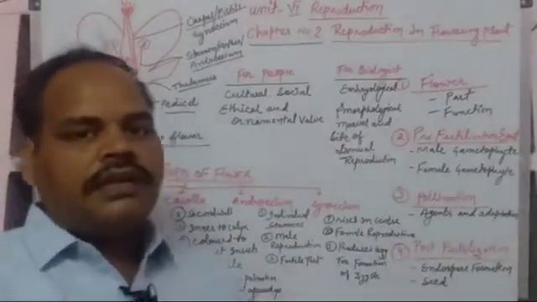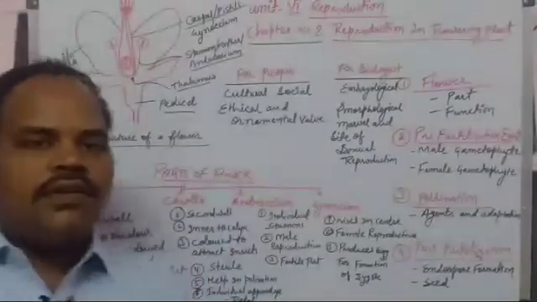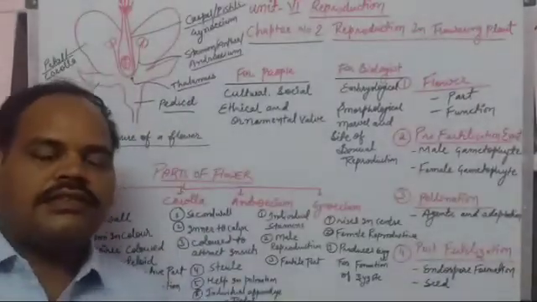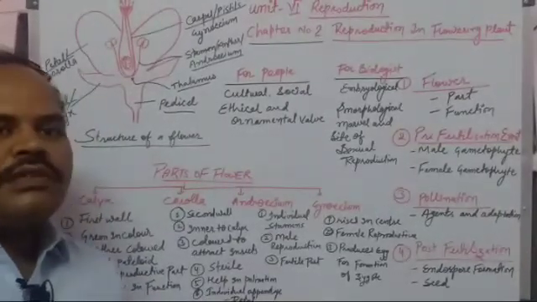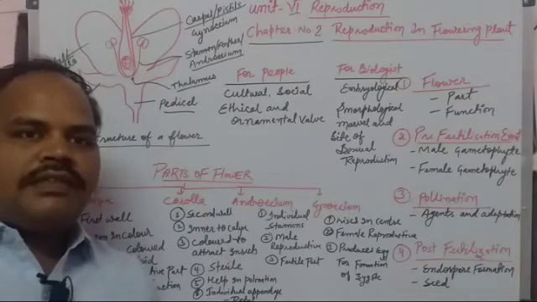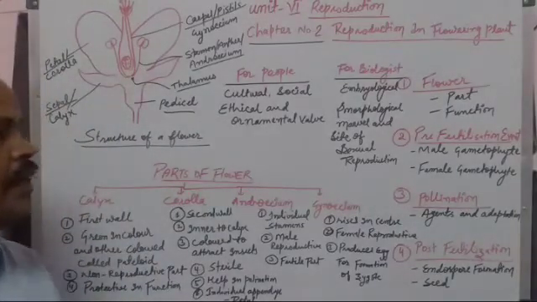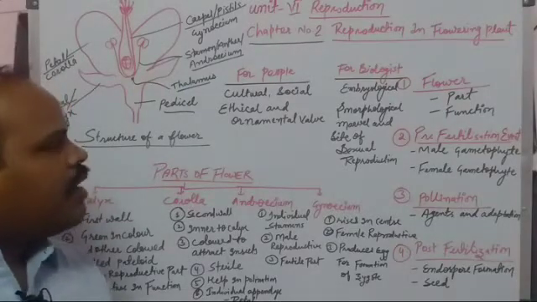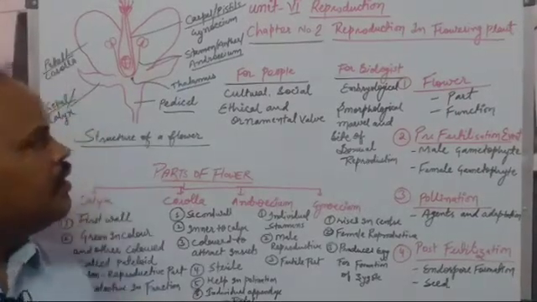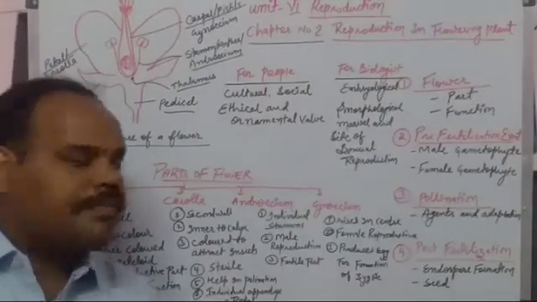This is the revised chapter which is included in your board examination. The deleted portions will be deleted by the CBSE, and now the chapter is repeated in your examination. So we will start today the reproduction in flowering plants.